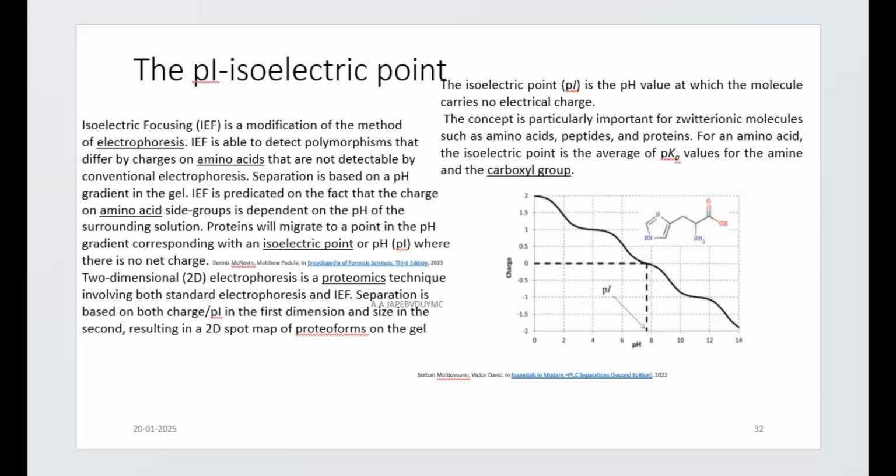The protein will move in the gradient gel, and when the pH of the surrounding solution matches the isoelectric point of the protein, the net charge will become zero and protein migration will stop. For example, here you are able to see that the pH is about 7.8, which is the pI value for the protein under study. So the net charge is zero, and the migration of the analyte will be stopped.